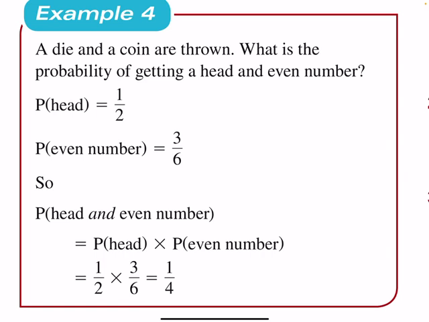They place in brackets the element that they want. So the probability of receiving head on a coin is a half. The probability of receiving an even number is 3/6.